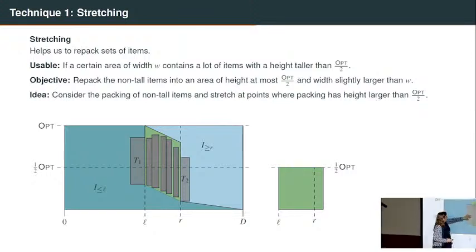This allows us to sort the items inside here, squeeze them together, and get some free area where we can place an extra item, for example.